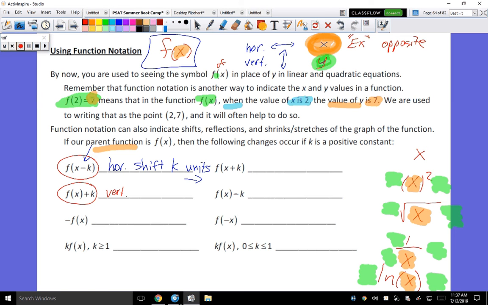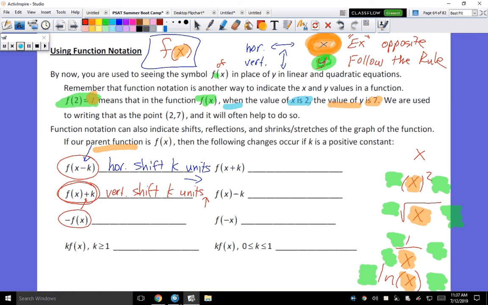But if you do the y, like happy wife, happy life, I don't know, you follow the rule. Whatever helps you memorize this. So whatever is with the y, you're going to do what it says. Okay? So this would be a vertical what? Shift, because you're adding k units up because you follow the rule.